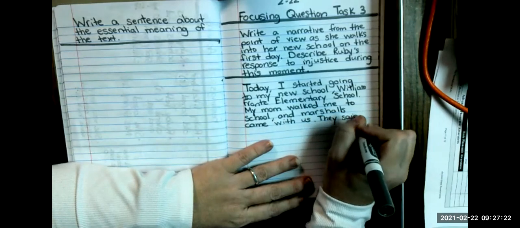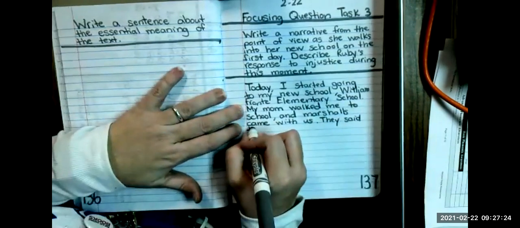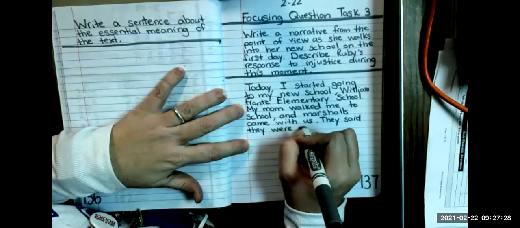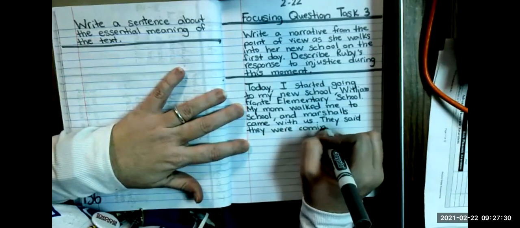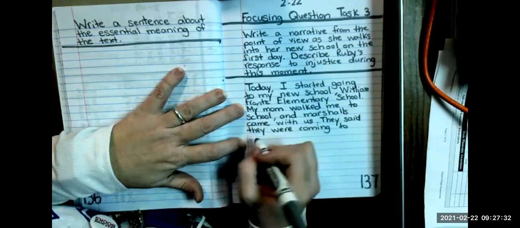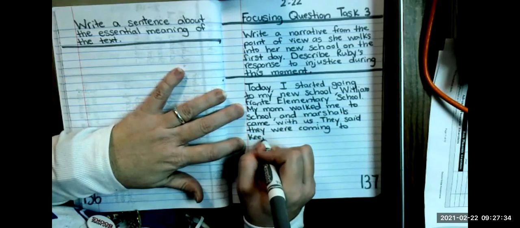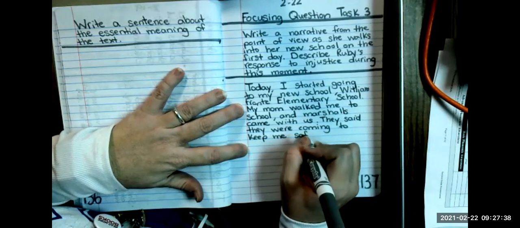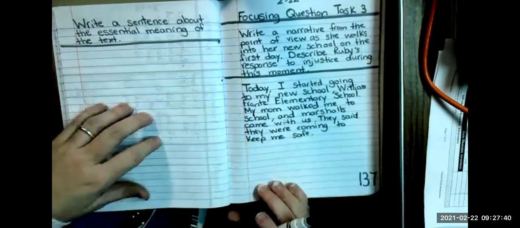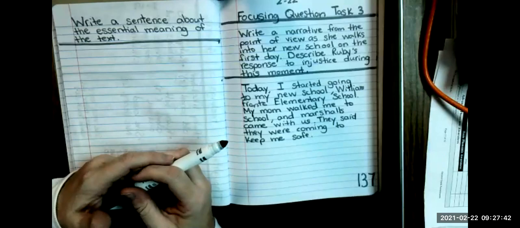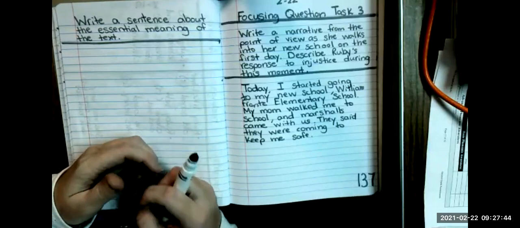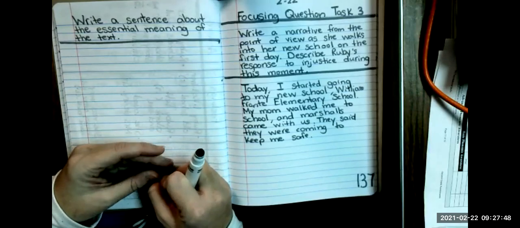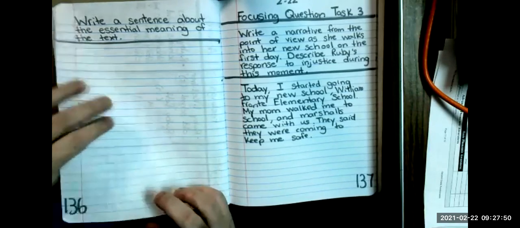Let's see, they said, we're coming to keep me safe. Okay, so today I started going to my new school, William France Elementary School. My mom walked me to school, and Marshals came with us. They said they were coming to keep me safe.